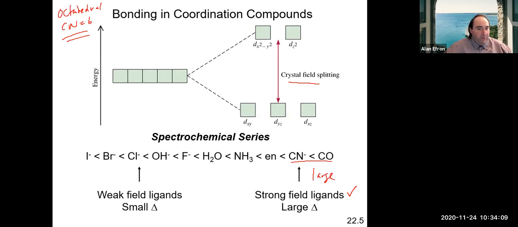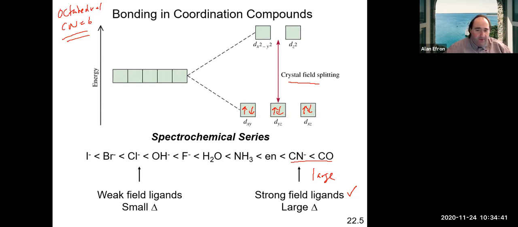When we have something like that, the electrons go, I'm going in, I'm going in. Whoa, that's a strong field. That is way too high to go up there. I'm just going to start to fill down first. And what we end up with in that particular case is a lot more paired electrons.